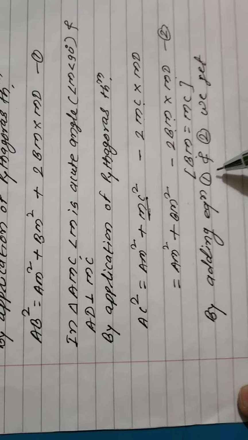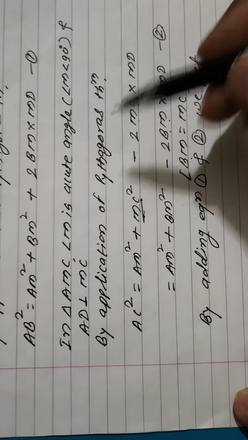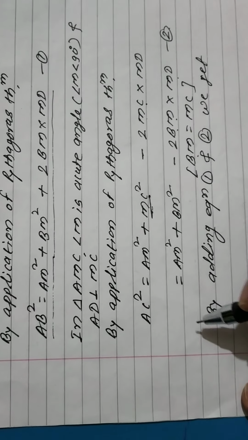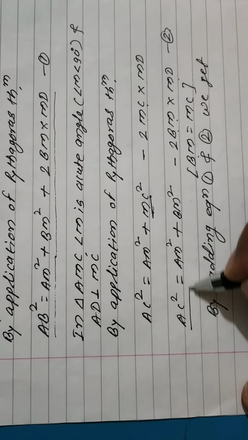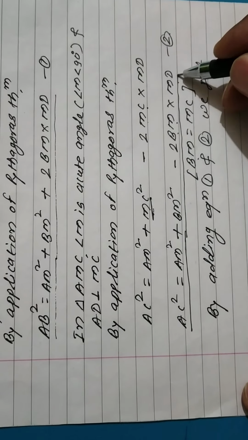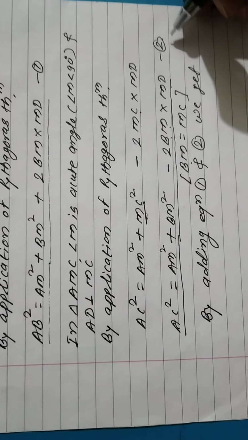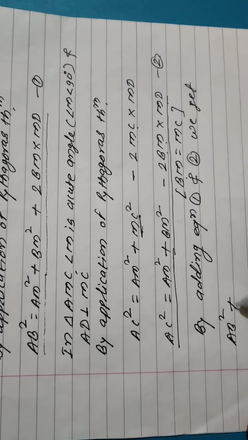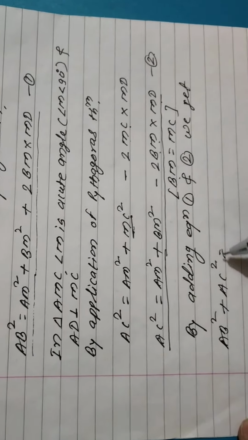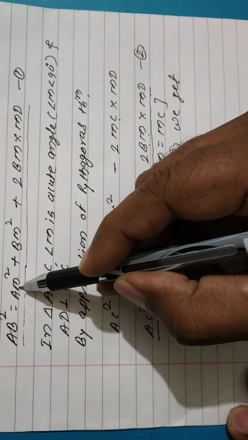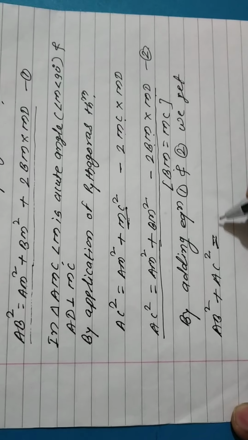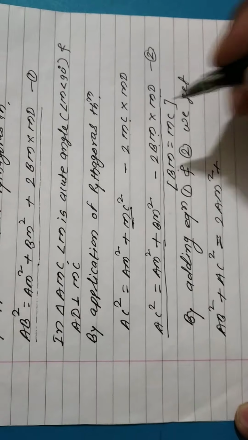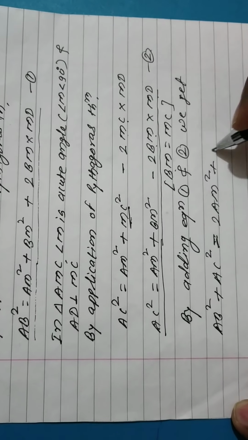By adding equation 1 and equation 2, LHS: AB square plus AC square is equal to AM square plus AM square, that is 2AM square, plus BM square plus BM square, 2BM square.